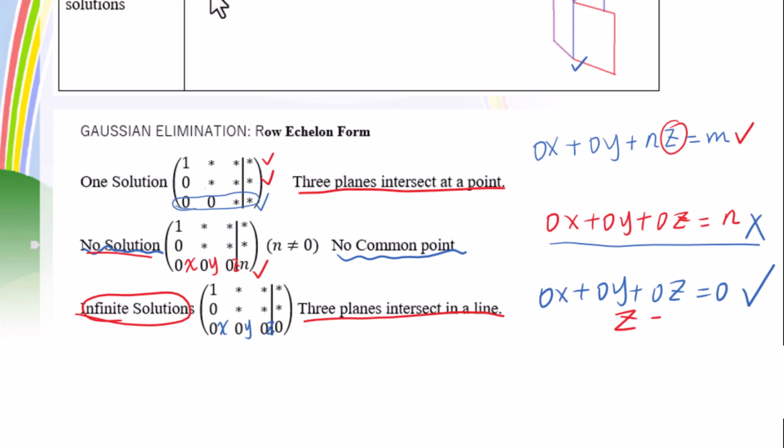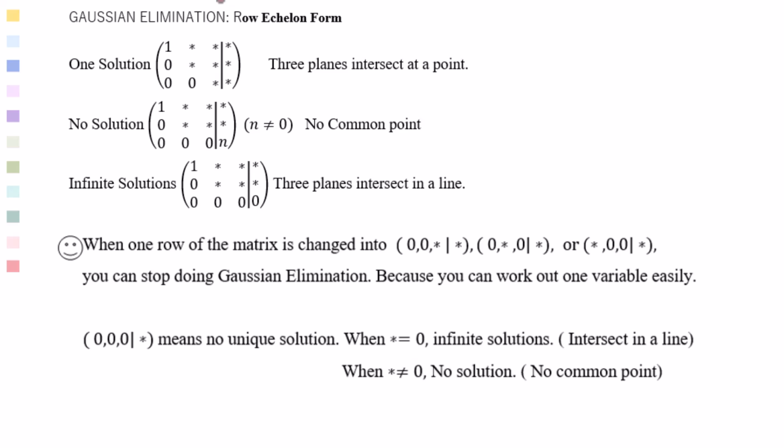Make z equals lambda. Then you can solve x and y in terms of lambda to figure out a vector equation of this line. Here are some rules for Gaussian elimination.